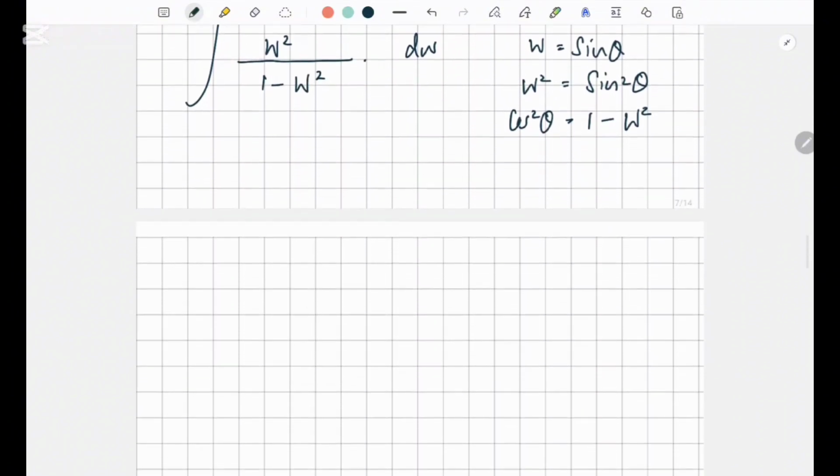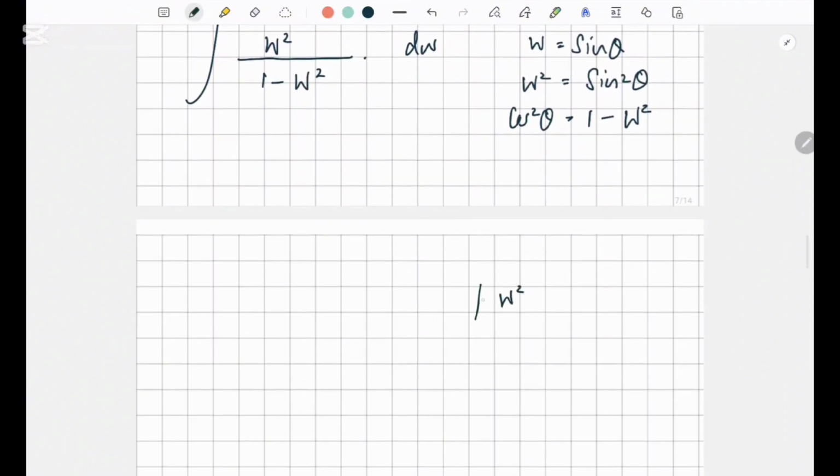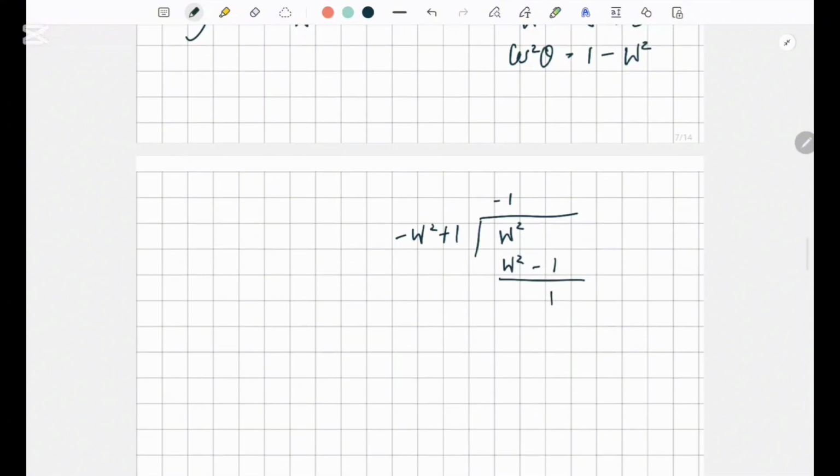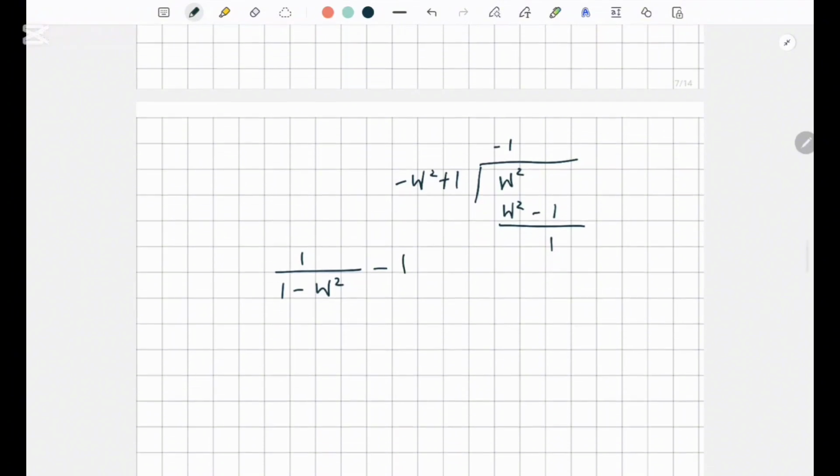Now when you integrate that, let's divide using polynomial division. Minus w squared plus 1, so you have minus 1 into minus w squared is w squared minus 1, you get the remainder of 1, so it's going to be 1 over 1 minus w squared, minus 1.